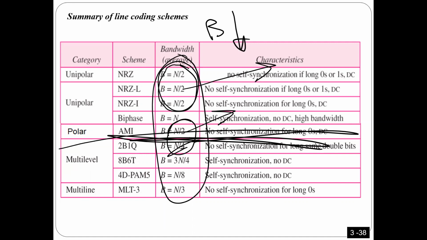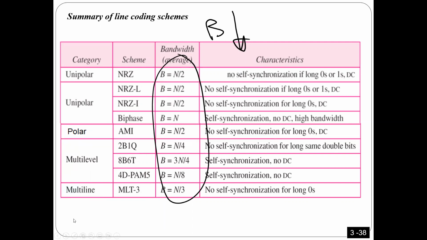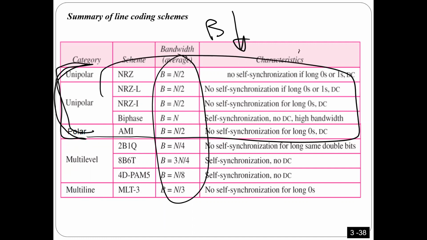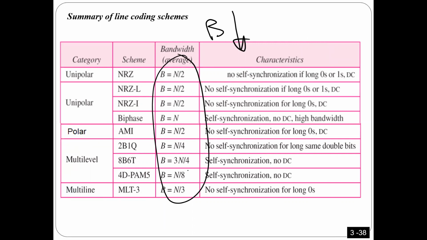So this part is actually 2 levels. The maximum you can get here is N divided by 2. So here we're going to get either N or N divided by 2. But in multi-level it is going to be more for sure. You can see here, this is the best for sure, N divided by 8.